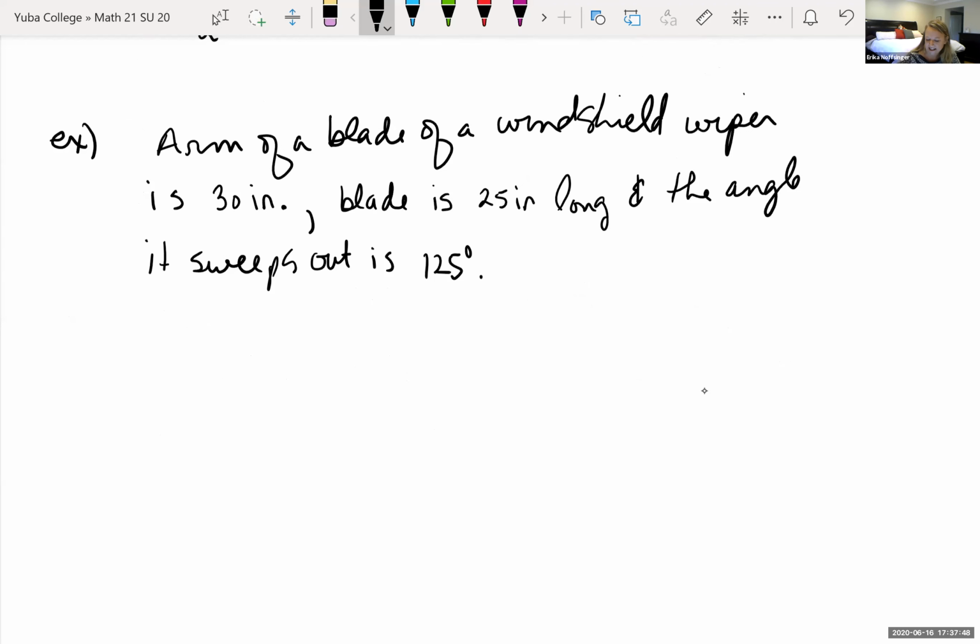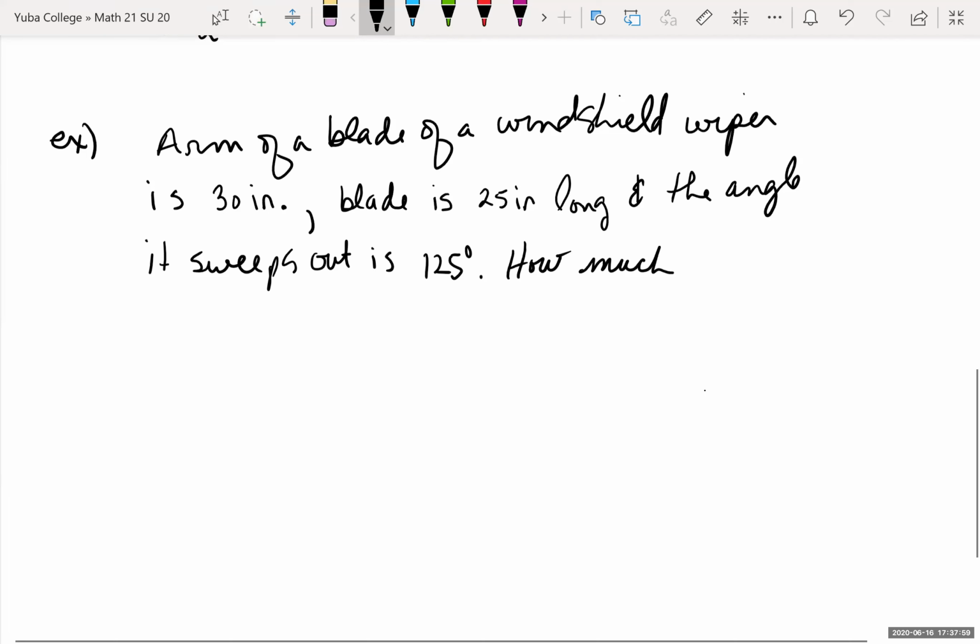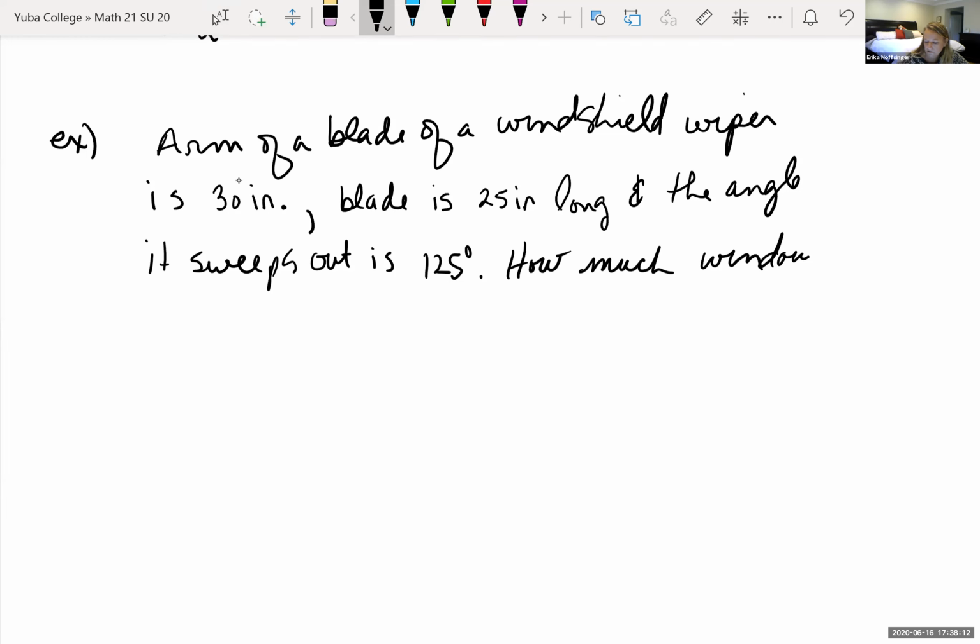And so we're trying to answer, how much window area can the arm of the blade clean?